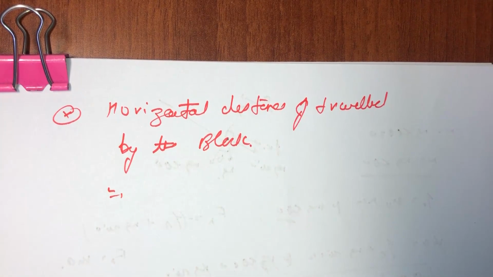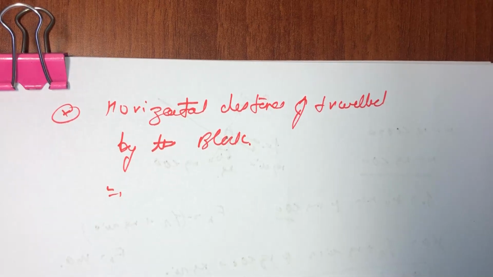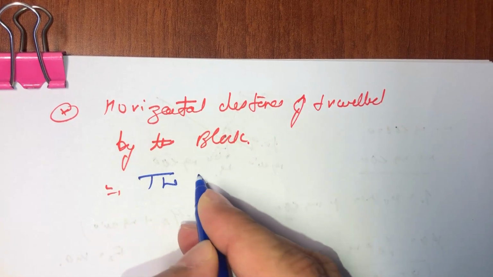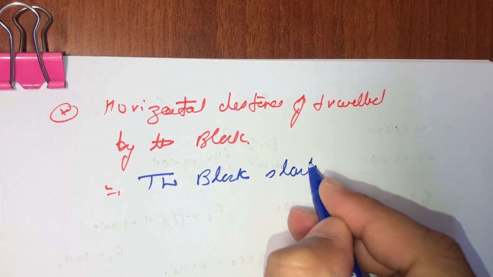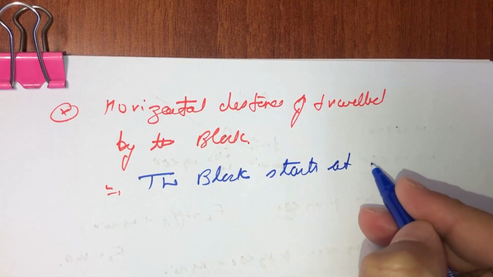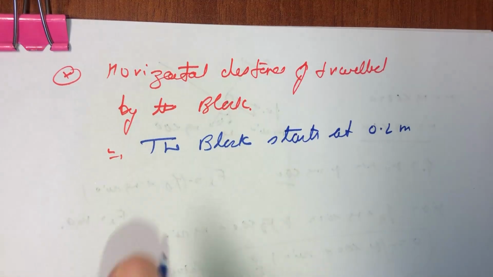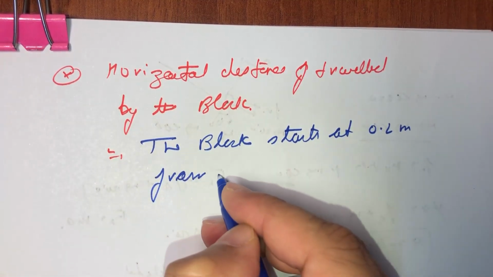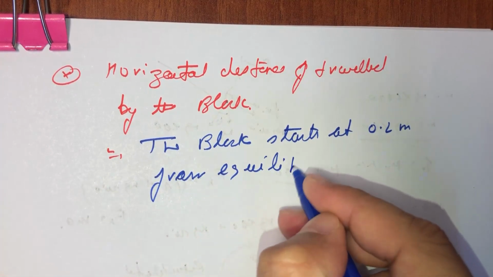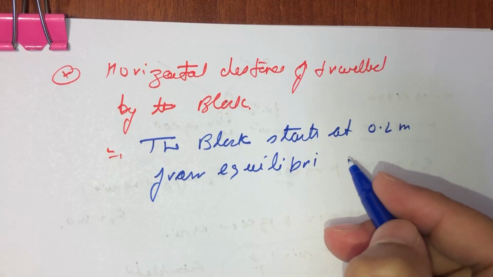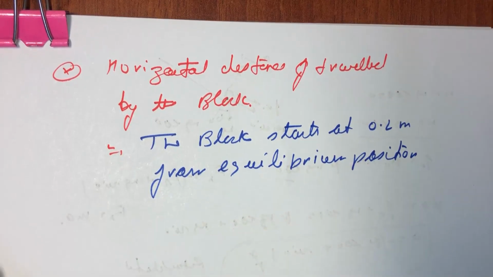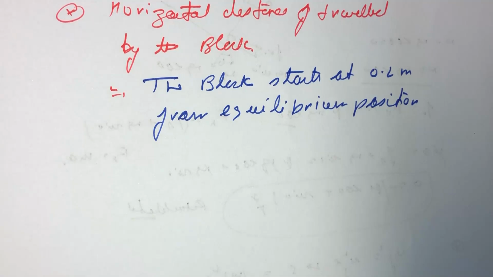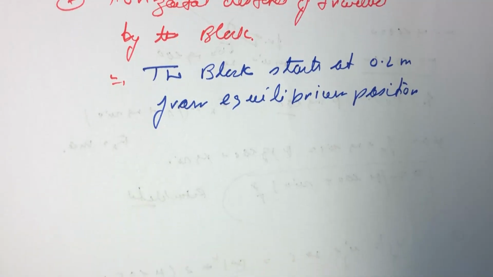In the question itself, it is given that the block starts at 0.2 meter from the equilibrium position, and after t equal to 1 second, it has moved by 0.1 meter.